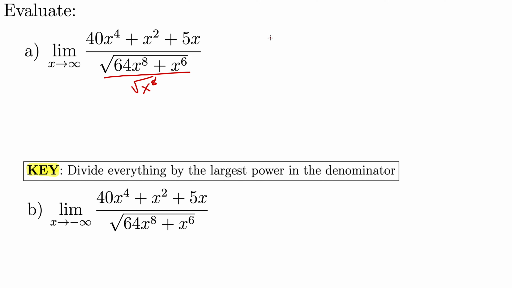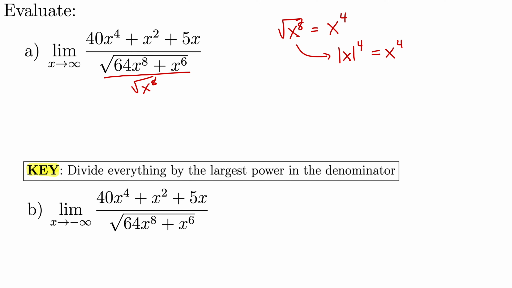So let's take a closer look at square root of x to the eighth. Square root of x to the eighth is really x to the fourth. But even that's being a little sloppy. Technically, it's absolute value of x to the fourth. But since we're raising this to an even power, 4, this is simply x to the fourth. Why does that matter? Well, it will matter as we take x to negative infinity.